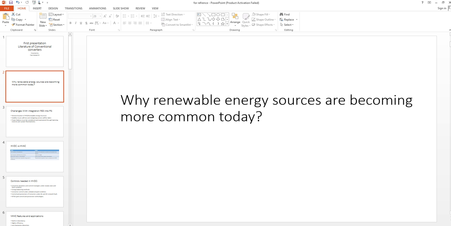So keeping the carbon dioxide emission in mind, we have to avoid using thermal power plants.